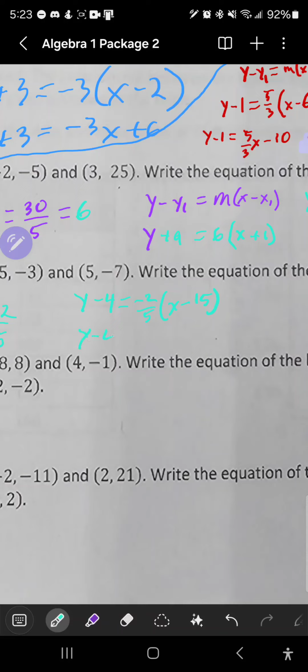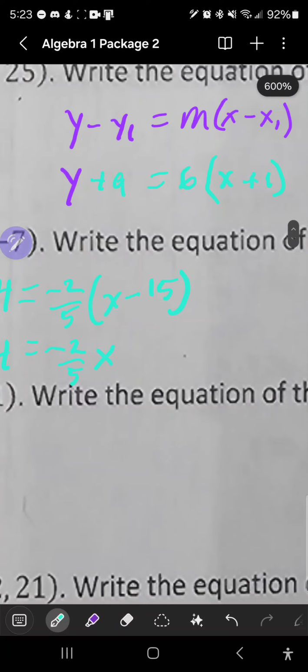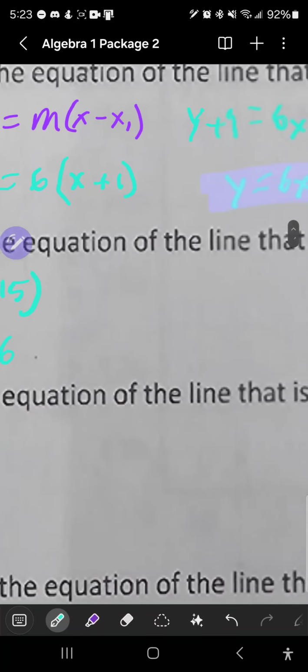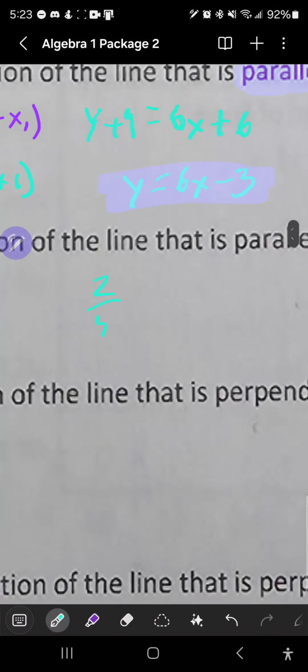Now y minus 4 equals, we multiply negative 2 over 5 by x. Now negative and negative is going to be positive. 2 times 15 is 30, 30 divided by 5 is 6. So I'm just going to put the 6 right here. If you didn't understand, it's basically this.